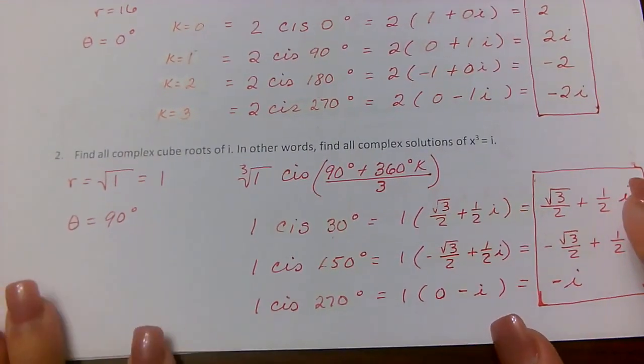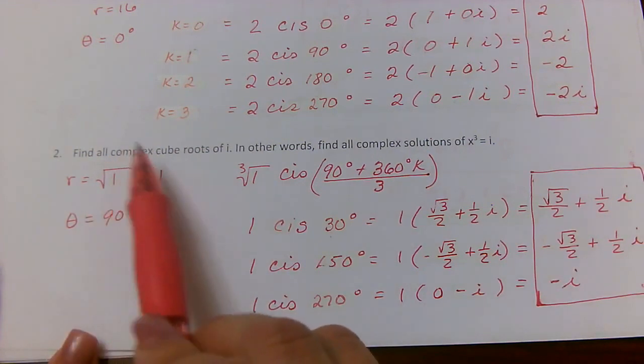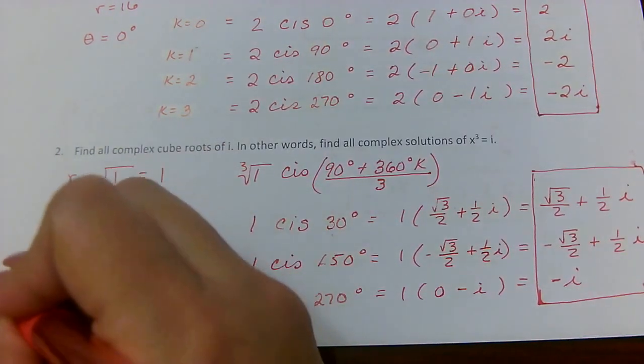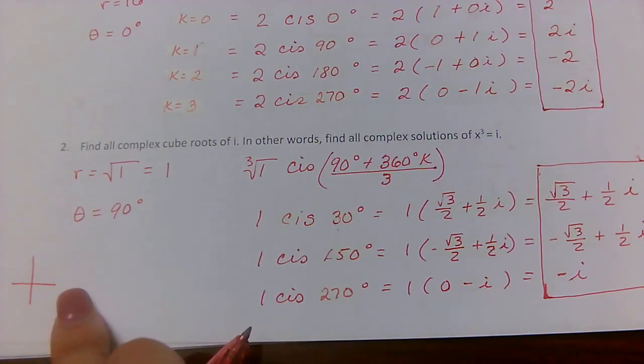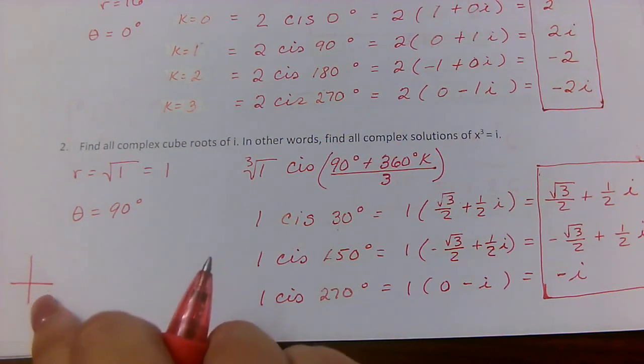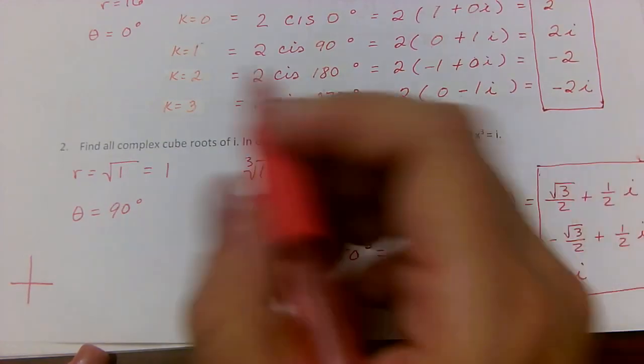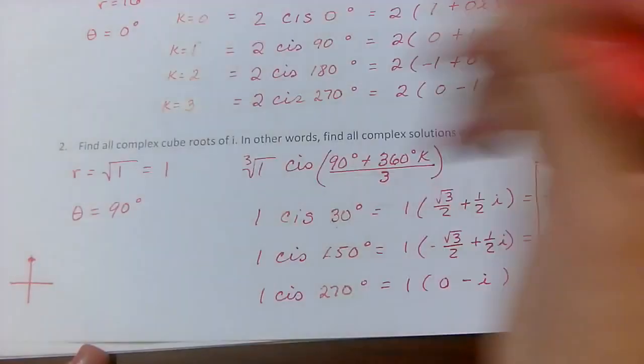Okay. Number 2, we're doing another one. Now we have x cubed is equal to i. So if I were to graph this, remember it's a positive i. This is your real numbers on your x-axis. Your imaginary axis is the y. And since i is positive, you're basically going up. Okay?